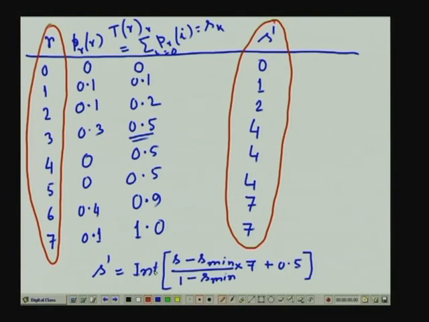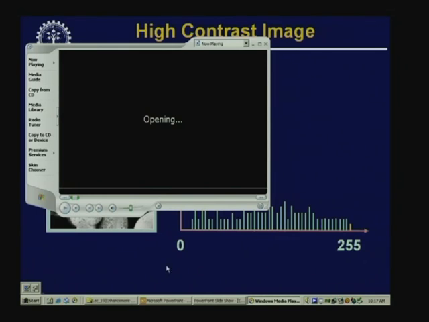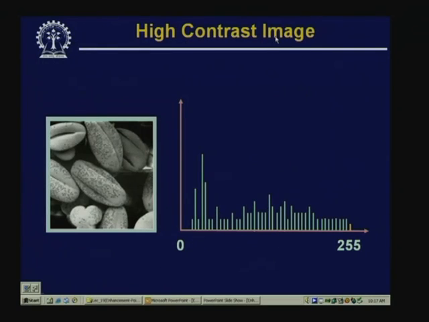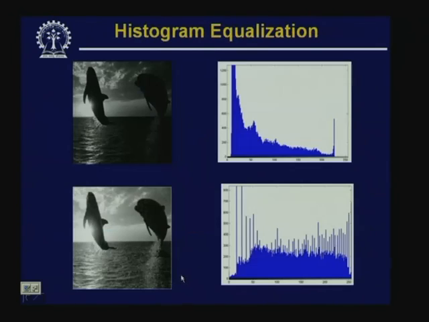So, this is how the histogram equalization operations have to be done, and we have seen in the last class that using such histogram equalization operations, we have got results like this. Here we have shown a very dark image, and on the right hand side we have the corresponding histogram.